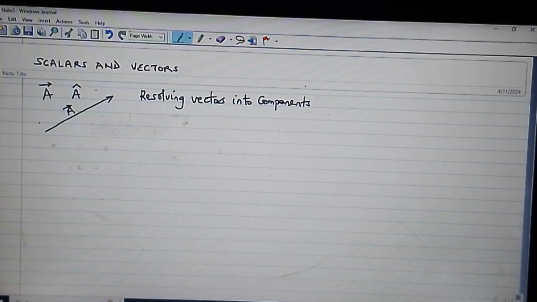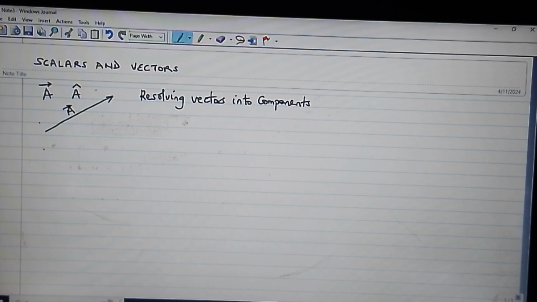When we talk about resolving vectors into components, we are trying to talk about the parts that make up that vector. Just like you have the human body, okay? You have the legs, the hands, eyes, ears. They are all parts of the human body. They make up the body.